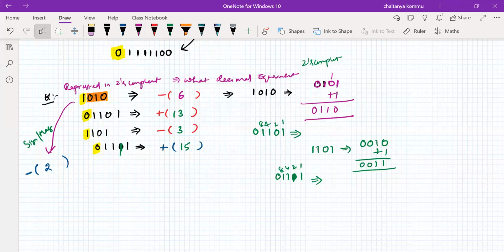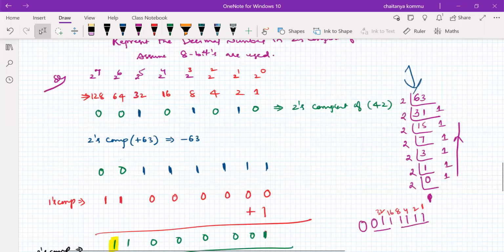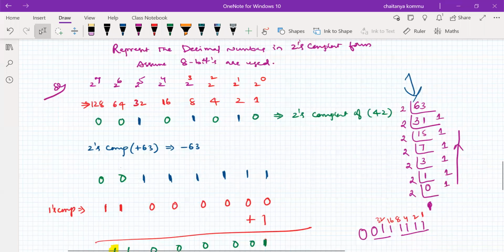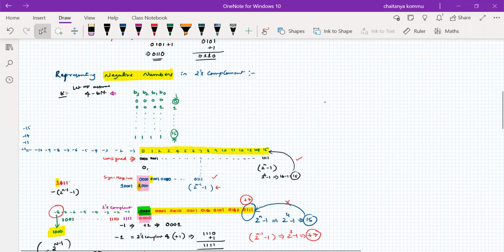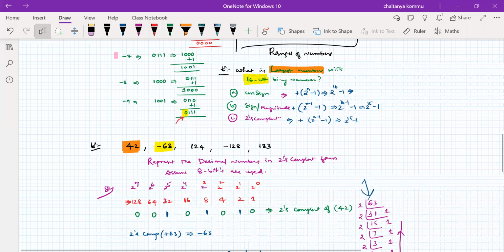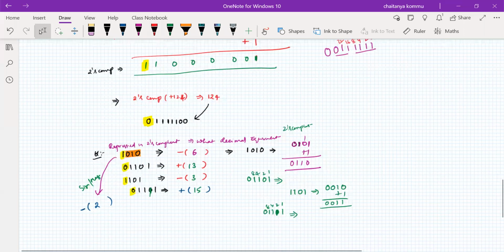After that, we will go for binary codes. Do you have any doubt related to this? The 2's complement representation is very, very important. Many competitive exams ask about it, so that's the reason I put a lot of time on this. Please understand these concepts: sign magnitude representation, 2's complement representation, and how we perform all these things.